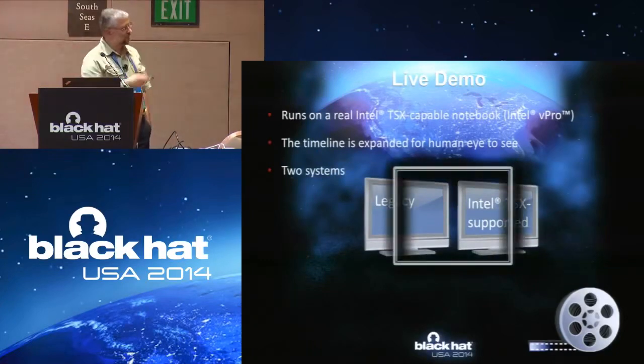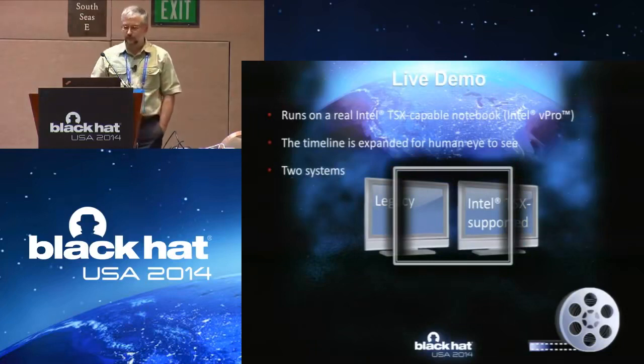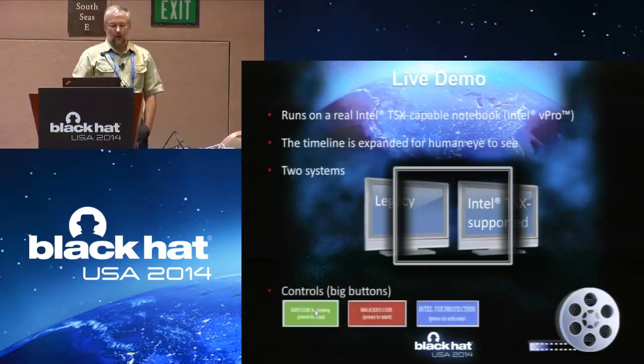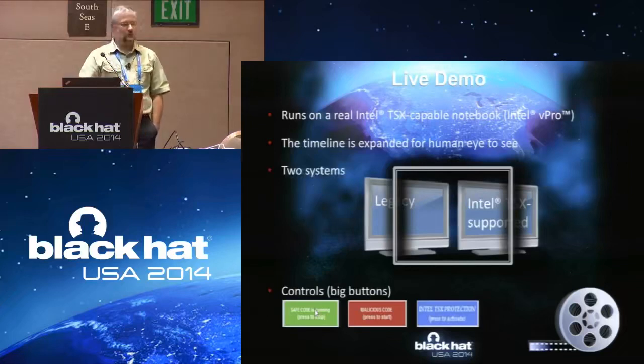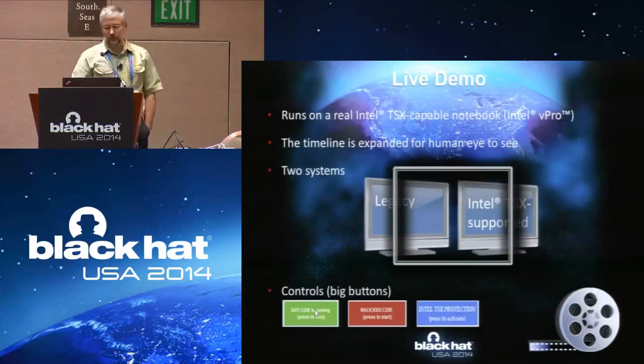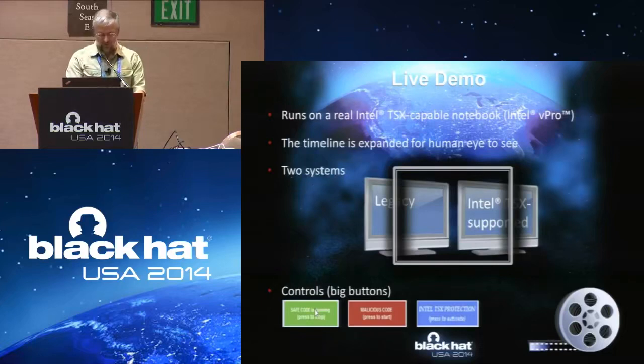It wouldn't fit completely on the screen, so I'll show you it in a window. There will be control buttons. One is called run safe code, another run malicious code, and another turn on TSX protection.